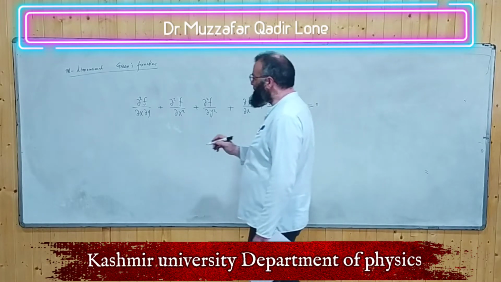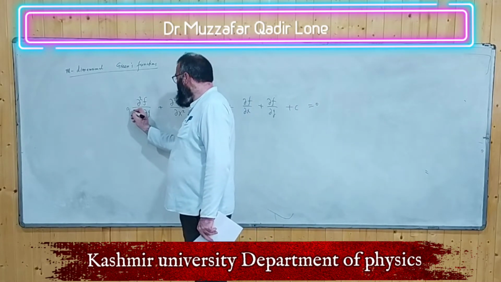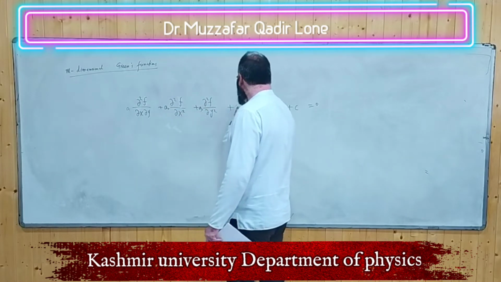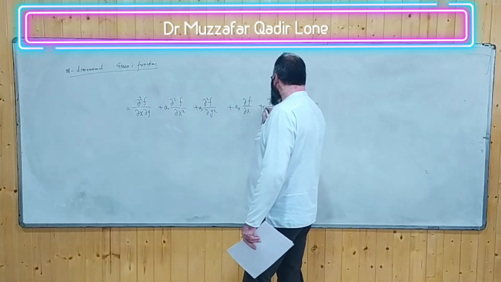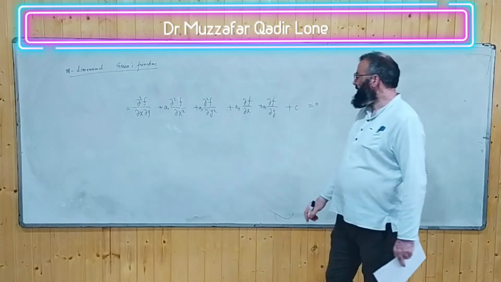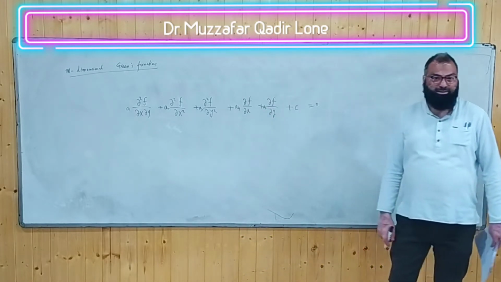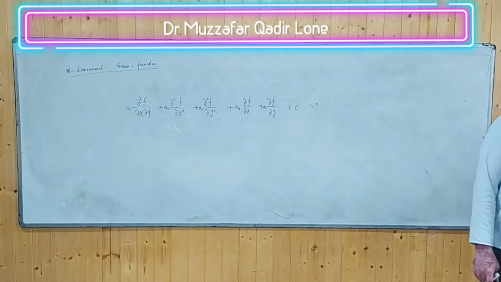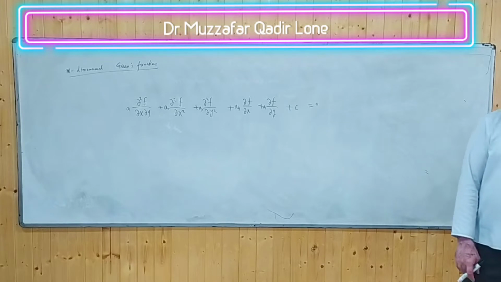You can put some constants, let's say a1, a2, a3, a4, a5. So this differential equation we call a general second order two-dimensional equation.